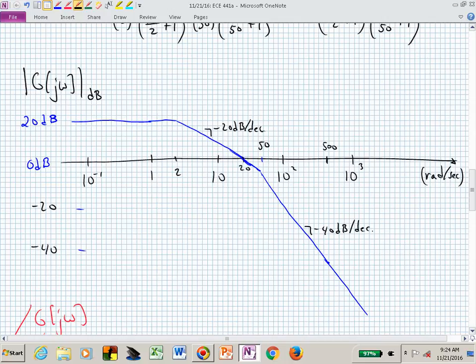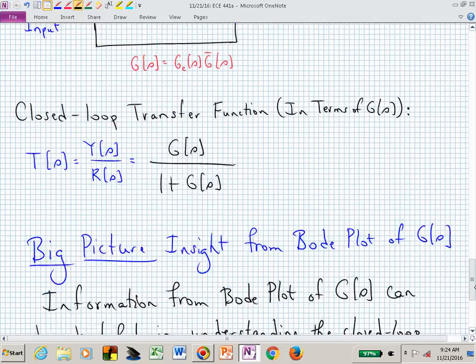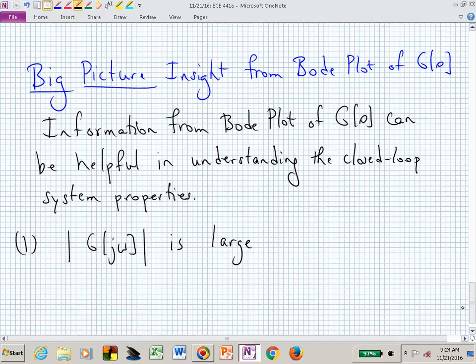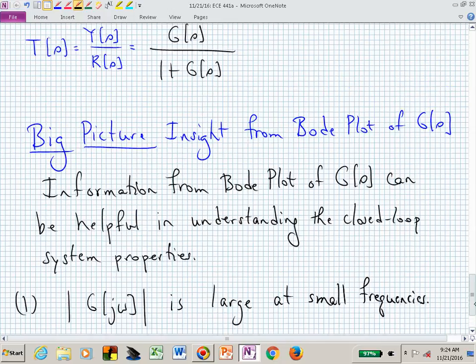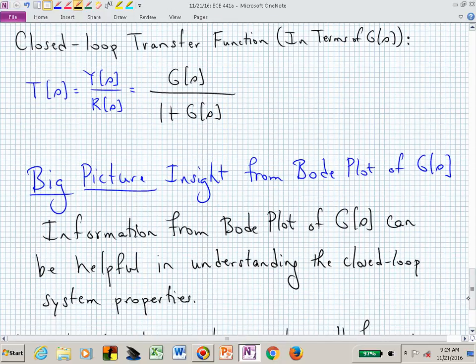Now, if G of j omega is large at small frequencies, what can we infer about the closed loop behavior?